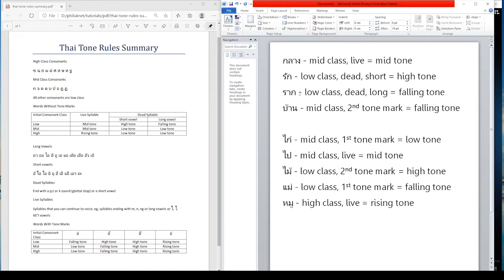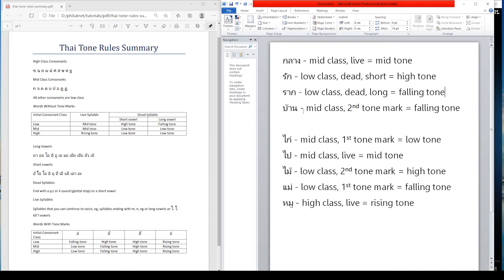This word ra means root of a tree in Thai, and it's similar to this one, but it uses a long vowel and not a short one. It's a dead syllable as well. So low class initial consonant, dead syllable, long vowel, that gives us a falling tone.